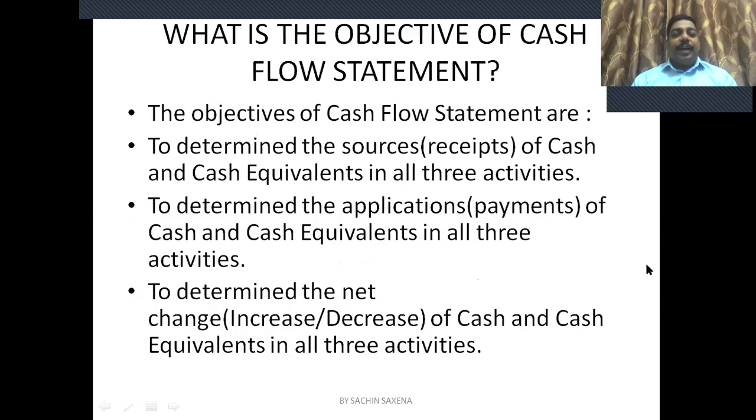Coming to the next slide, what is the objective of the cash flow statement? Now we are preparing a cash flow statement. What is the objective of this? The objective of the cash flow statement is to determine the sources of cash, to determine the application of cash, and to determine the net change of cash.